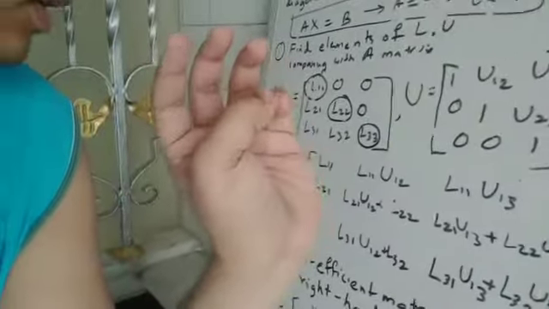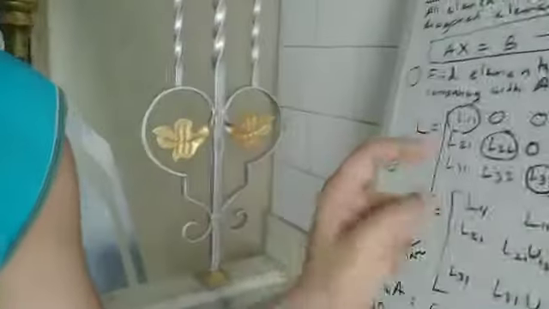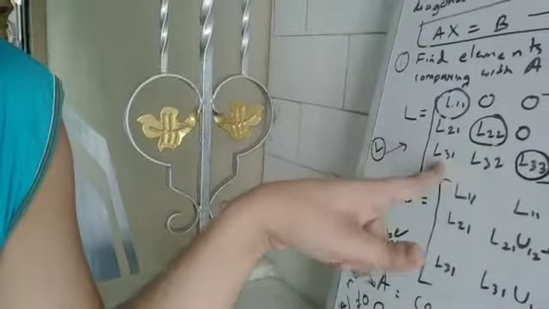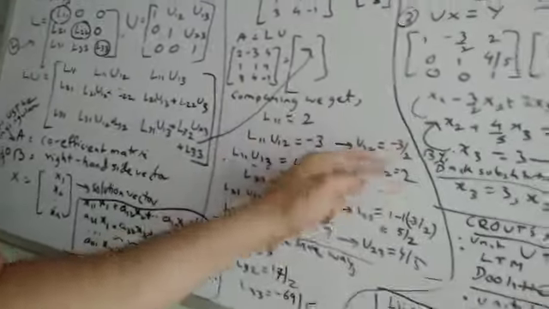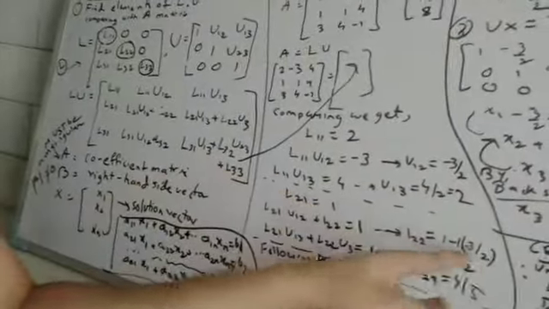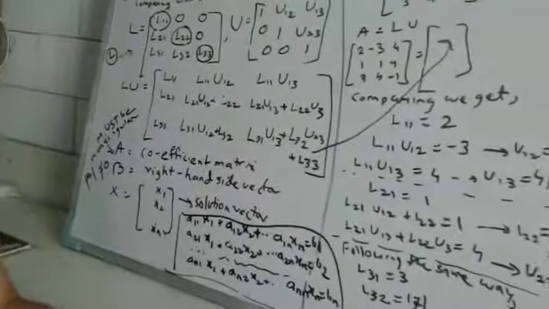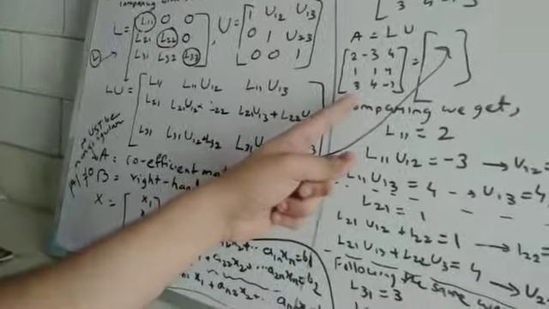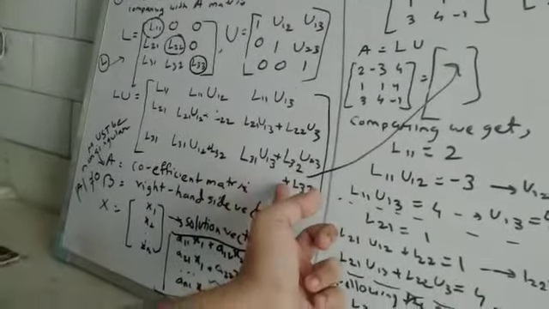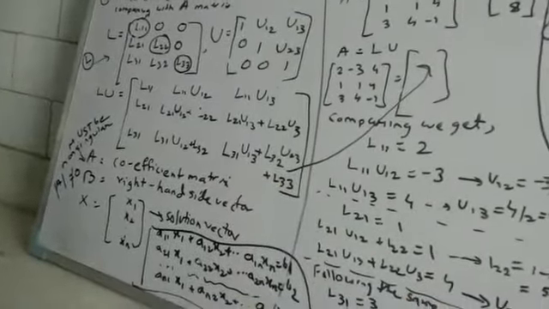That means 9 elements you need to find out. So here just check it: 1, 2, 3, 4, 5, 6, 7, 8, 9. So 9 elements you need to find out simply by comparing the coefficient matrix A with this LU. Fine. So this is our first step.